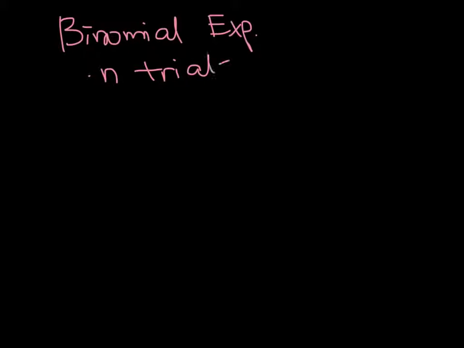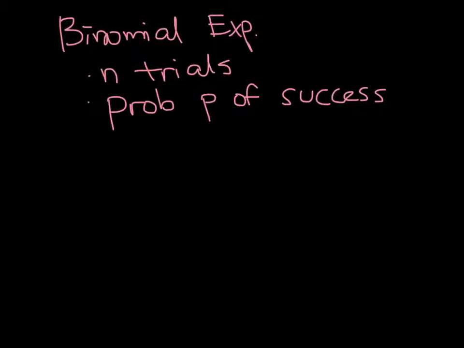At this point, we should be able to have an intuitive understanding of the formula for a binomial experiment. So say you have a binomial experiment that you're going to perform n trials with. And each trial has a probability p of success, which means it has a probability 1 minus p of failure.